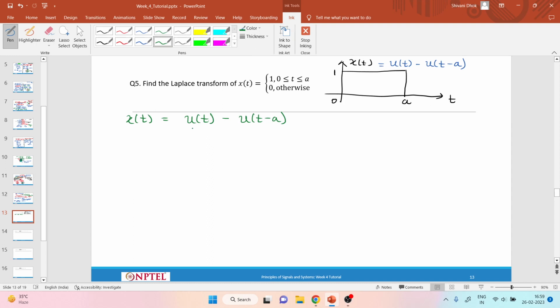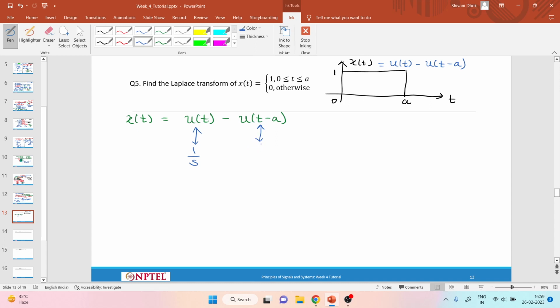Now this is a standard signal, and the Laplace transform of this is 1 by s, which was covered in the week 3 lectures, and this is u of t minus a.